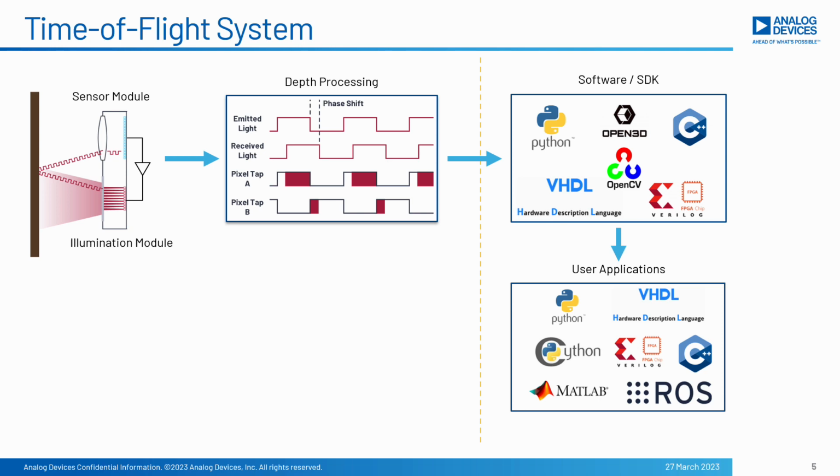So this is what a typical time-of-flight system looks like. We have the analog front end that consists of the illumination module and sensor module. Then depth processing is usually done by software, and then it is passed on to the software end as a SDK, to interface the hardware and the user applications.